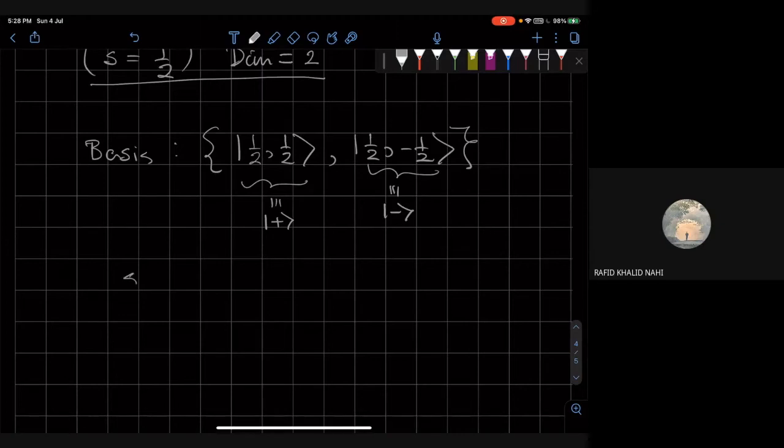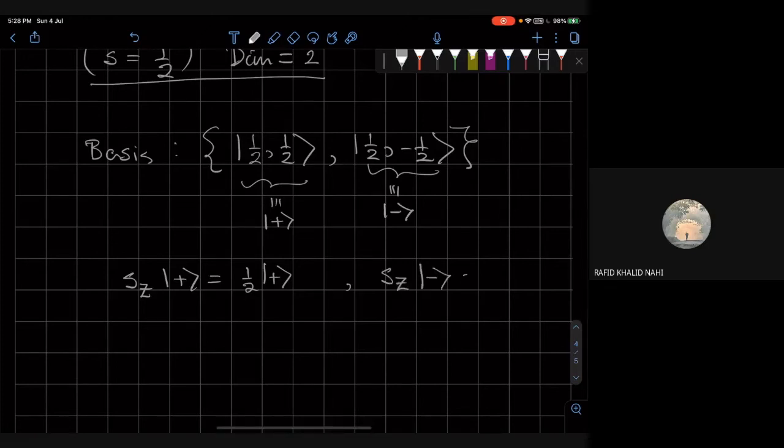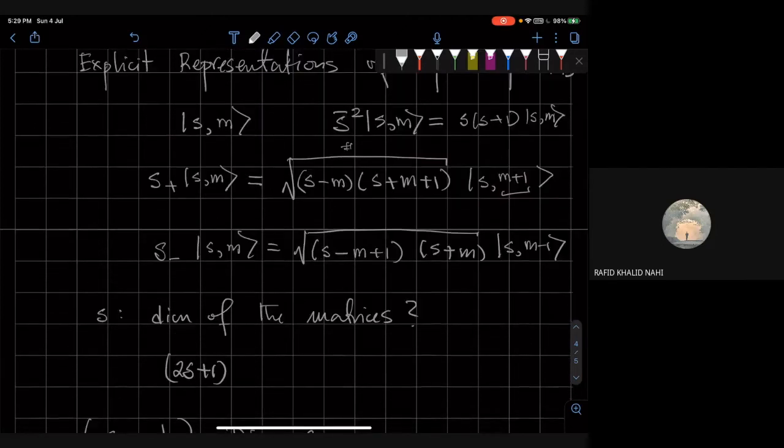So this means that if I take Sz and apply it on plus, I get half times plus. And if I take Sz and apply it on minus, I get minus half times minus, right? Now we can also write down what the other equations will look like.